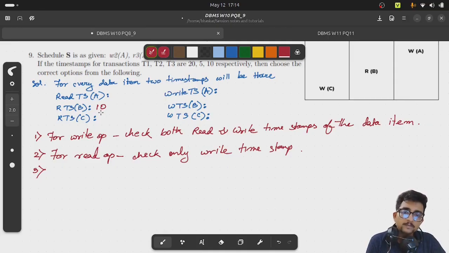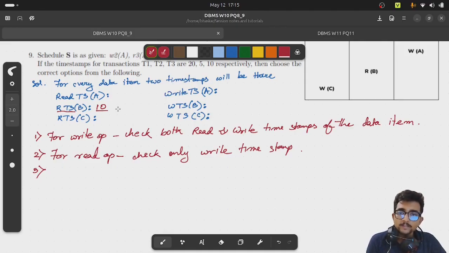So a transaction has issued a read operation. Now I am checking the validity. In validity checking, I am referring to the read timestamp of B and I see that the read timestamp is 10, but the transaction which has issued the current read has a timestamp of 5. So that means it is an older transaction.